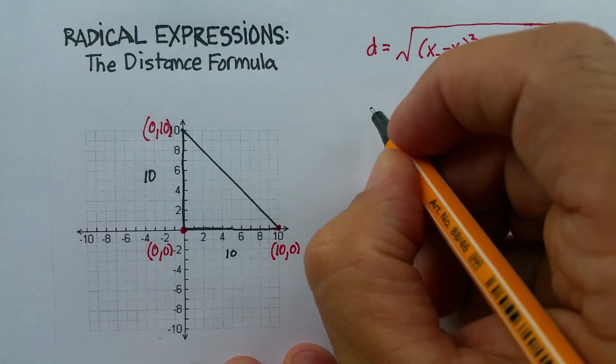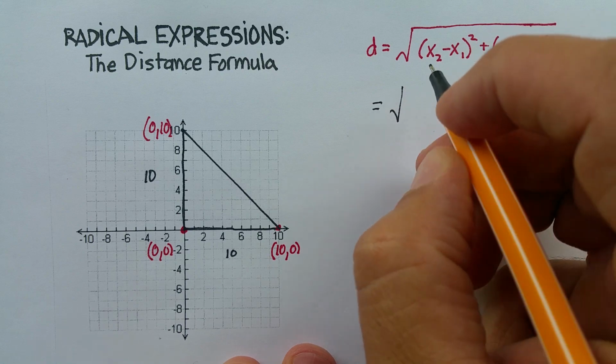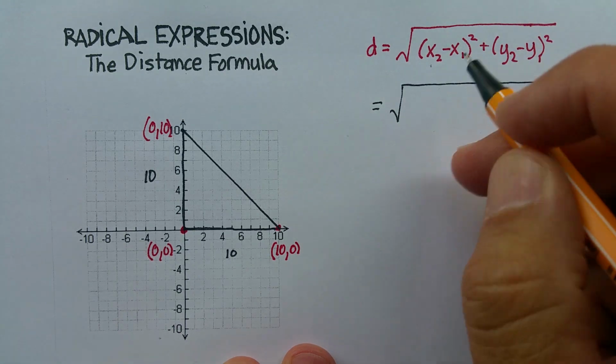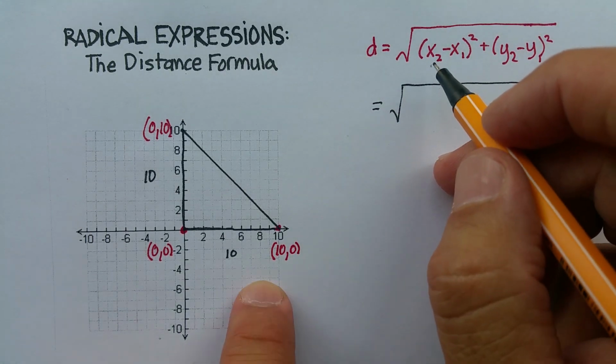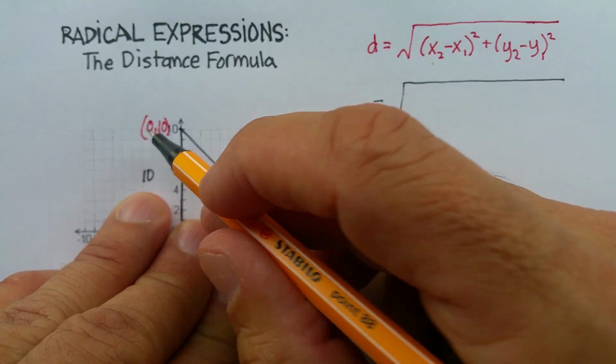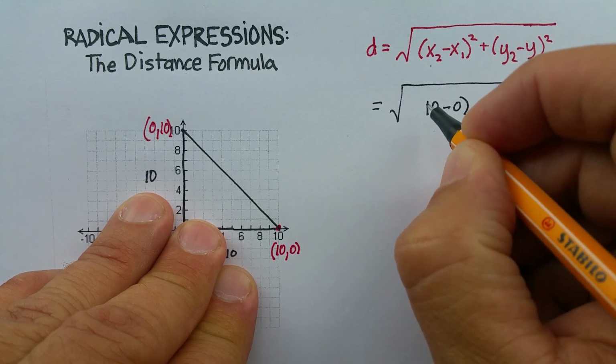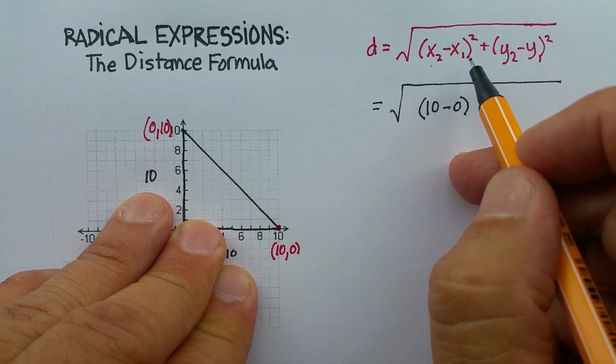According to this, the distance is going to be equal to the square root of, let's just take the difference between two of the x's. So the x values here would be 10 and 0. Let's just go 10 minus 0. Now notice it says x2 and x1.